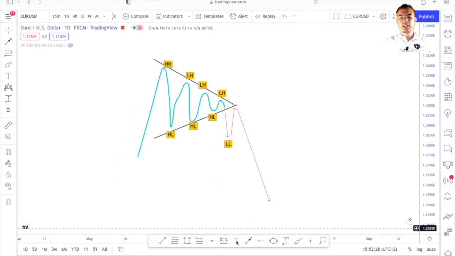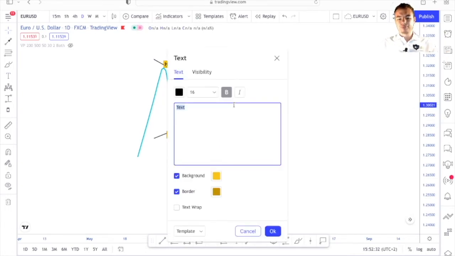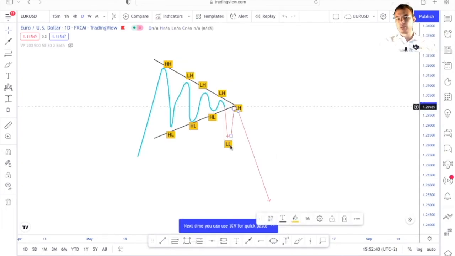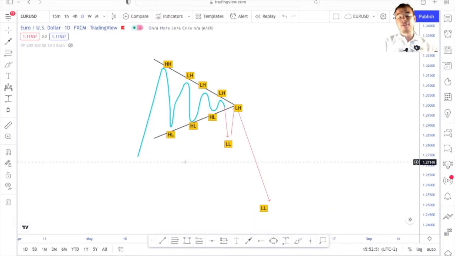So basically it'll make a new lower high or continue with the lower high. And then that's when you would sell because it's most likely going to make a new lower low over there. So that's the first scenario.